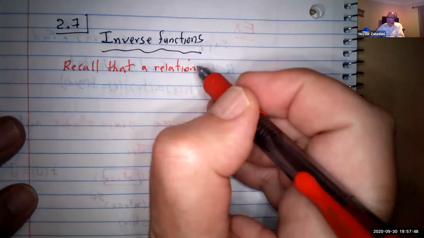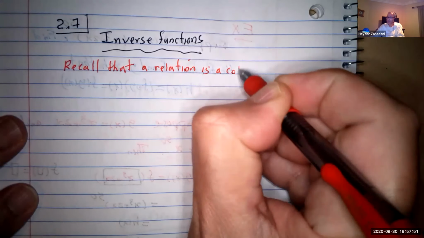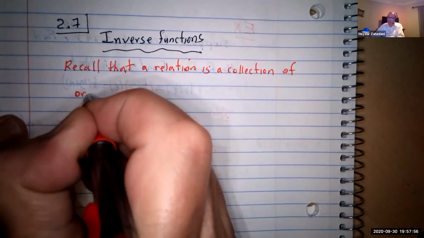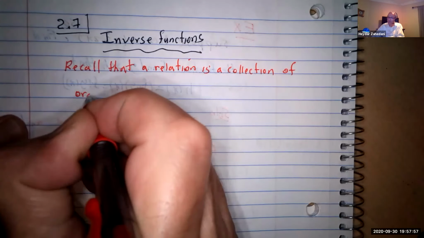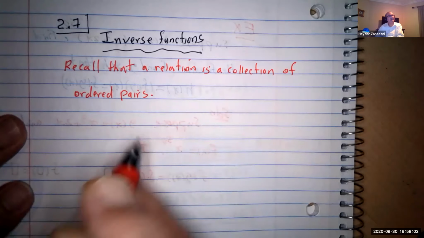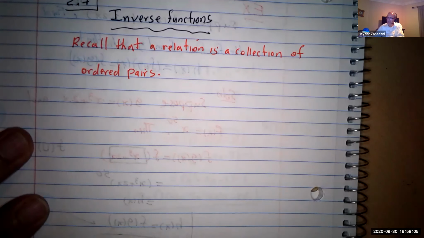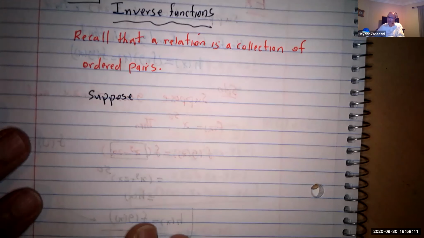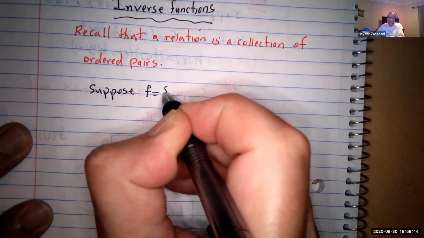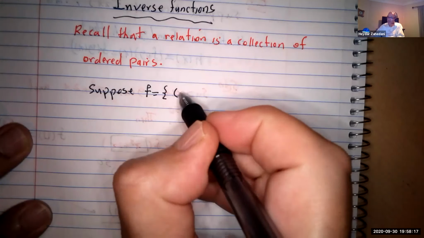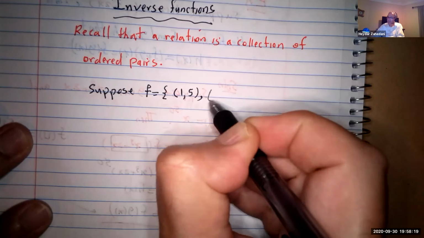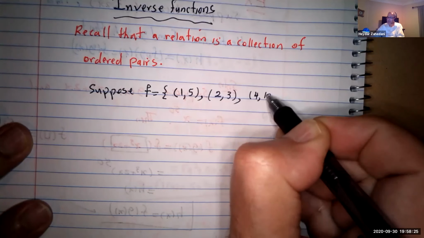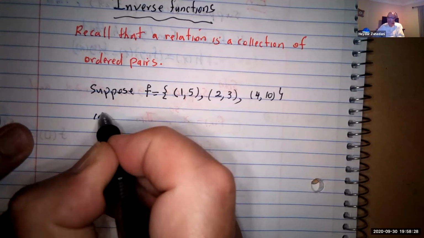A relation is just a collection of ordered pairs. Remember? Ordered pairs. That's what we did before. So suppose we have one of them, okay? Suppose f equals (1, 5), (2, 3), and (4, 10). This is a relation.